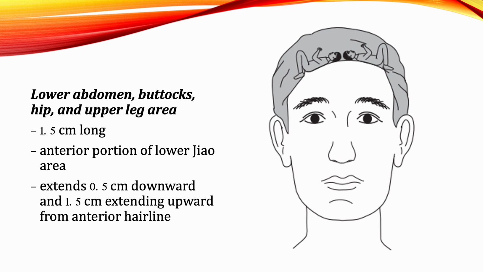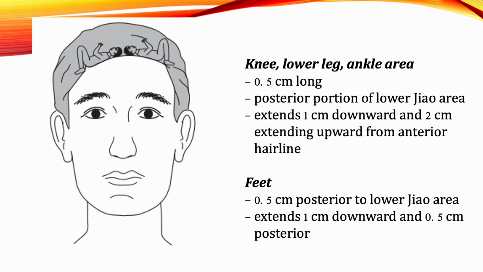Lower abdomen, buttocks, hip, and upper leg area. It is 1.5 centimeters long and is located at the anterior portion of the lower jaw area. It extends 0.5 centimeter downward and 1.5 centimeters extending upward from the anterior hairline. Knee, lower leg, and ankle area.